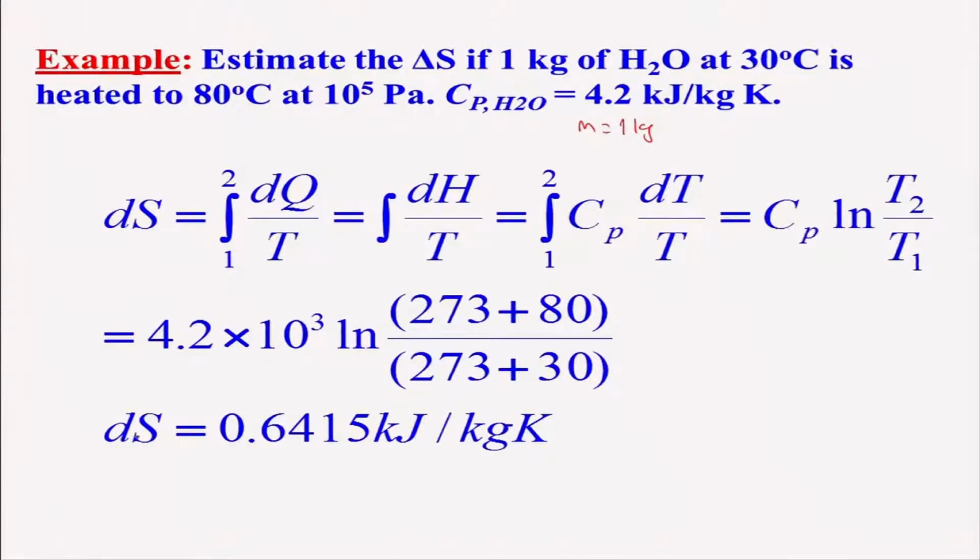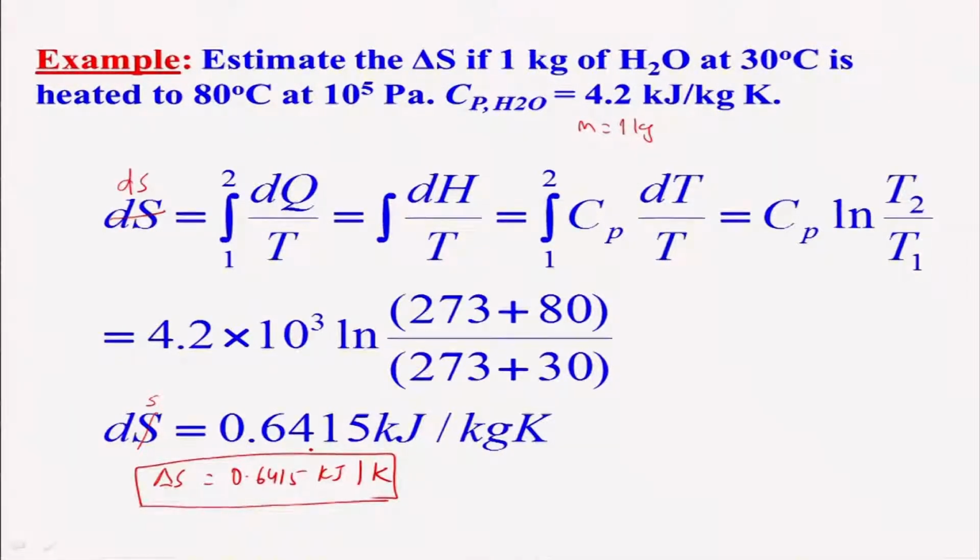So I could have used a small s, which is what we use per unit mass, right. And if you want to find the change in entropy, delta S will be 0.6415 kilojoule per Kelvin, because the mass is given as 1 kg, so you just multiply and you get it.